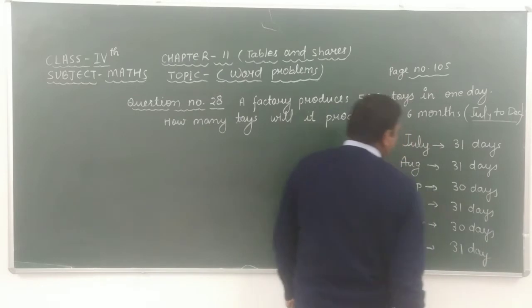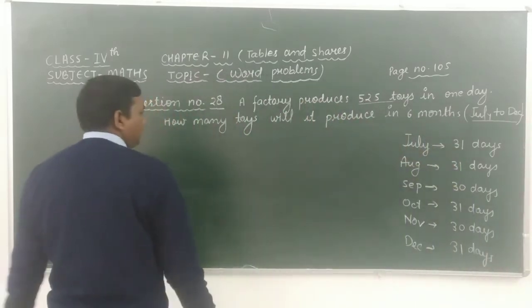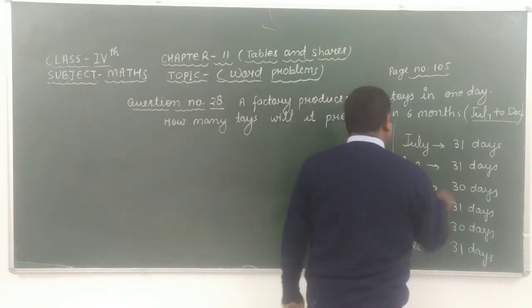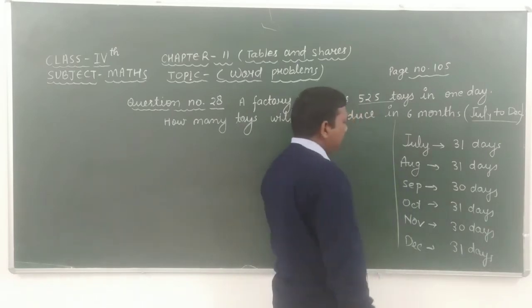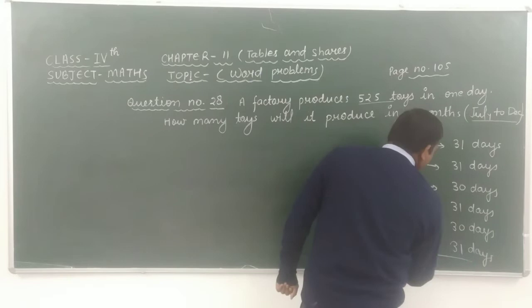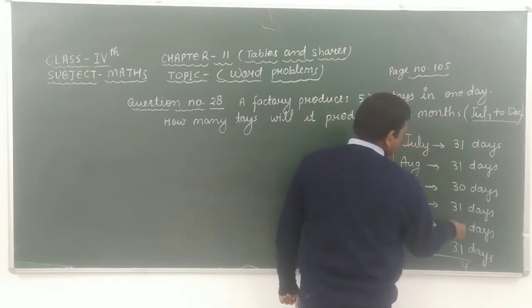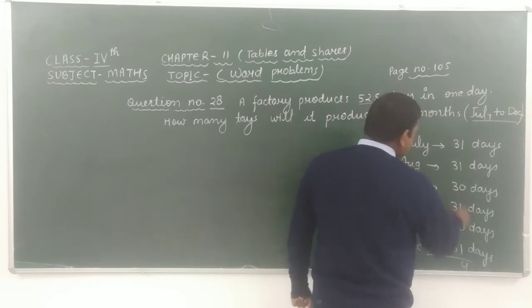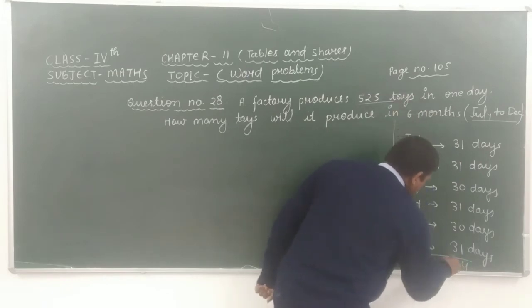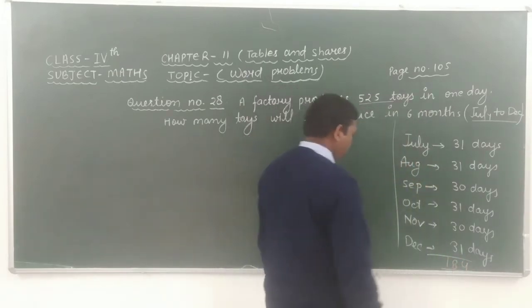It means the total number of days in 6 months is: 1 plus 1 is 2, plus 1 is 3, 3 plus 1 is 4, and 3, 3, 6, 6 plus 3 is 9, 9 plus 3 is 12, 12 plus 6 is 18. It means 184 days.